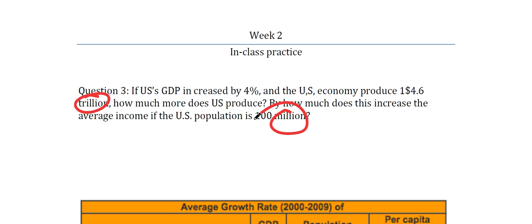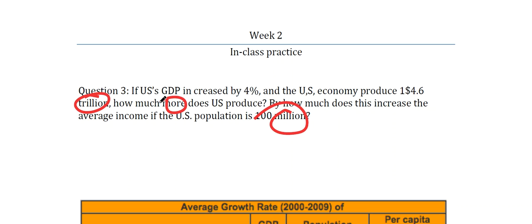So first, let's look at the first part. How much more does the U.S. produce? If the GDP increases by 4%, then 4% of the $14.6 trillion will be how much more the U.S. produces. The question here is how much more. It is not asking you how much the U.S. produces. They ask for how much more.